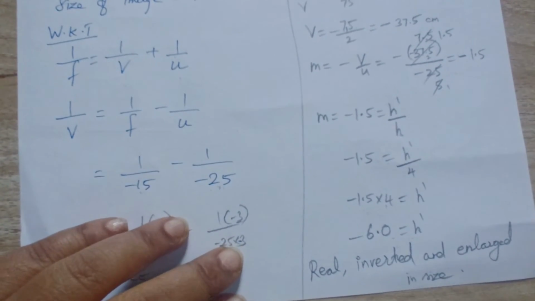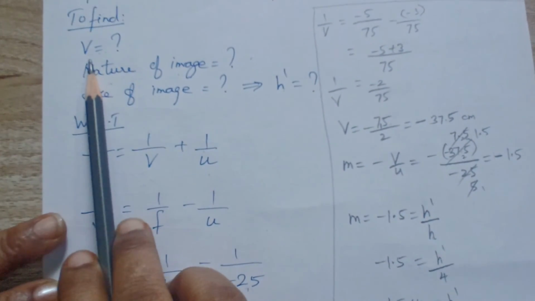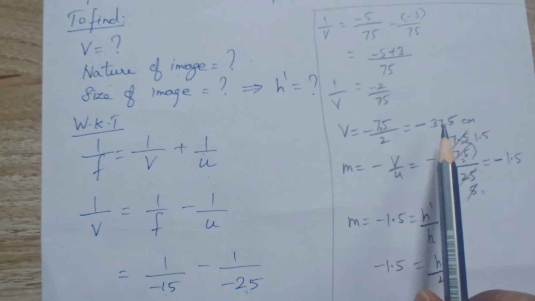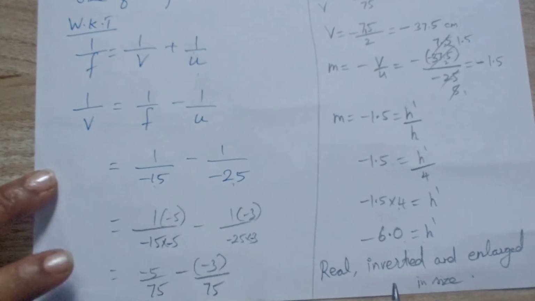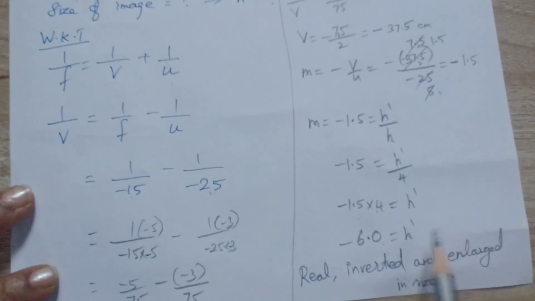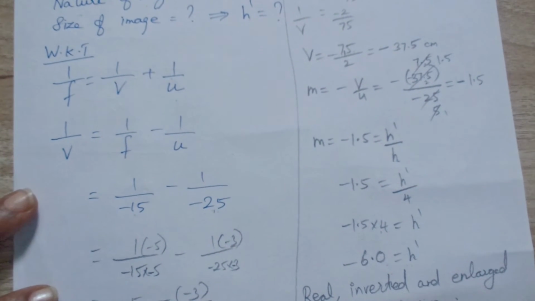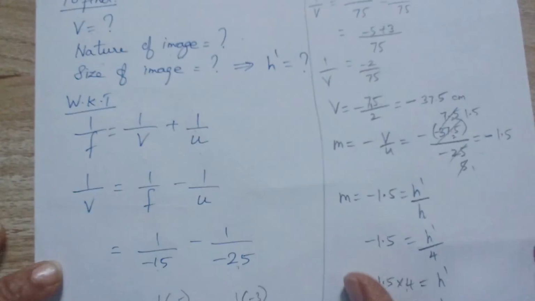Okay, clear on this? So your V is minus 37.5, that is, it lies on the negative side of the x-axis. The nature of the image will be real, inverted and enlarged in size. What is the size of the image? The size of the image is 6 centimeter. Negative shows that it is on the downward side. Okay, inverted, right?